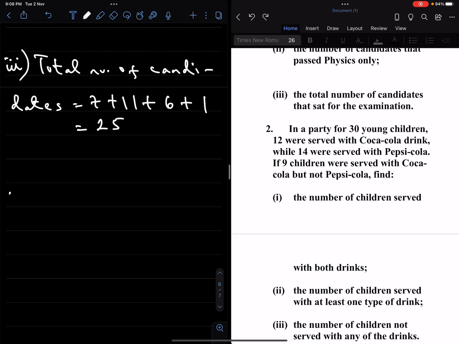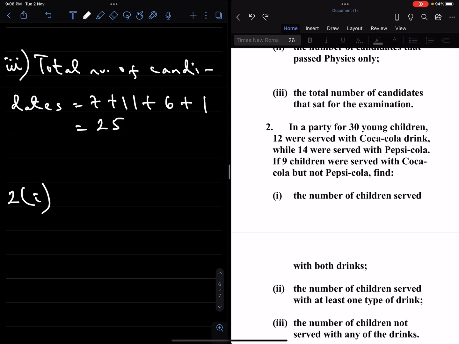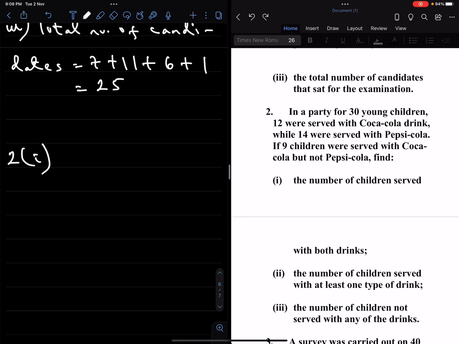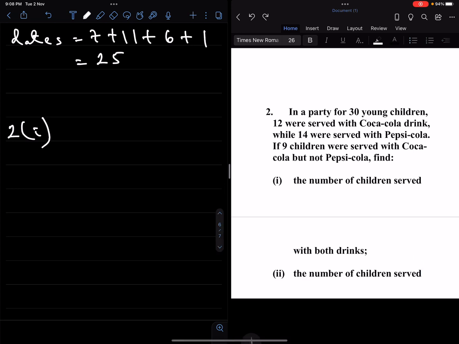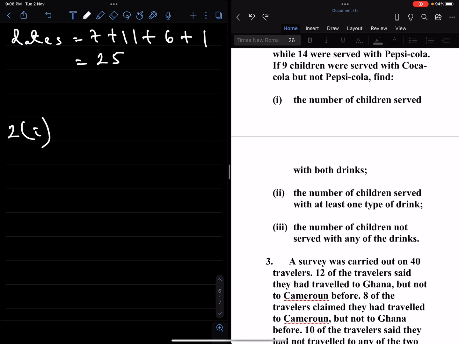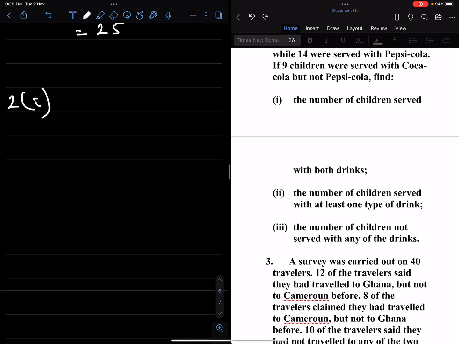We go straight to the next, which is number 2. In a party for 30 young children, 12 were served with Coca-Cola drink, while 14 were served with Pepsi-Cola. If 9 children were served with Coca-Cola but not Pepsi-Cola, find the number of children served with both drinks. Okay, let me go about it the same way.